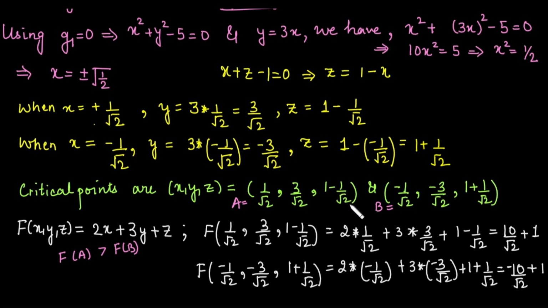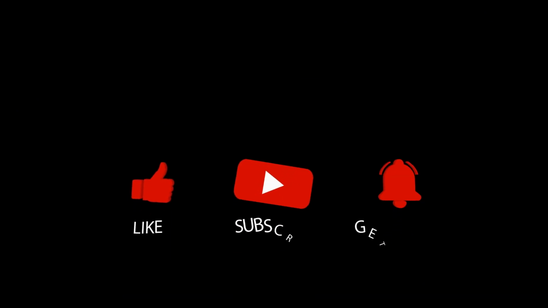It means where we get a maximum value, that point is called a point of maxima. Similarly, where we get a minimum value, that point is categorized as a point of minima. Hence, the point A is categorized as a point of maxima and B as a point of minima.